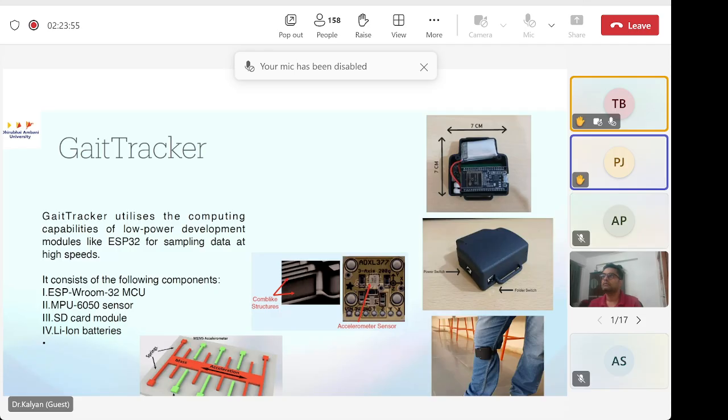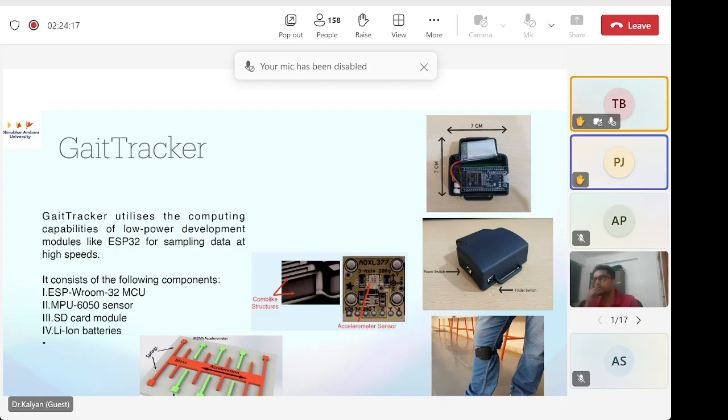There are four main components of our device. First is the processing unit, which is our ESP32, which acts as the main processing unit for data collection as well as data pre-processing. Second is the MPU 6050 sensor, which is responsible for collecting data. Third is the SD card module. Since we are collecting gait data, there is a lot of data, and we need to store it somewhere.